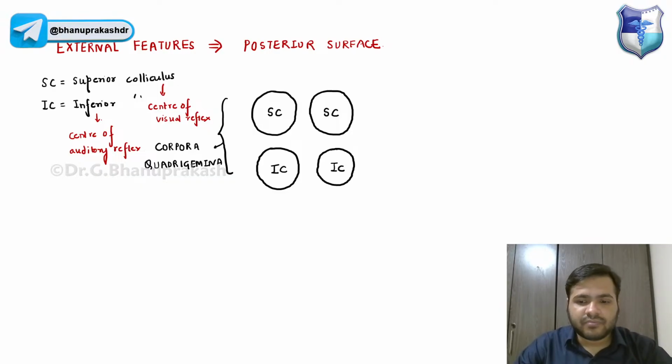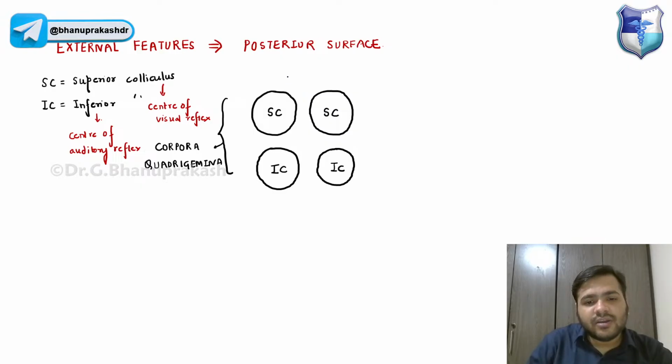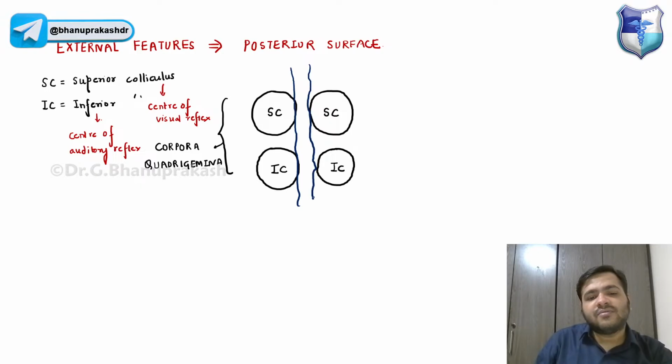Now guys, just try to see over here that the superior colliculus and the inferior colliculus are separated from each other by a sulcus, a linear depression which you can see over here, and that is called the cruciform sulcus.